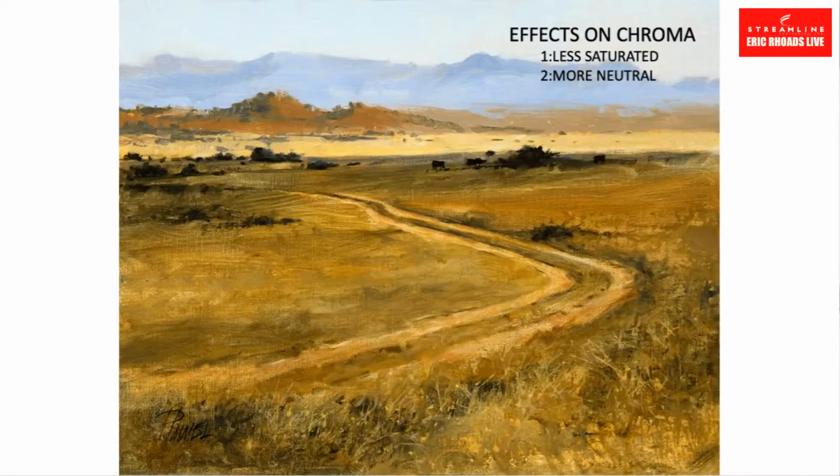Okay, next. One that I personally have struggled with sometimes is the effect of atmosphere on chroma or saturation. There's a considerable decrease in the saturation of a color as it moves back. These are three moving targets: value, temperature, and chroma, and they're all decreasing as the distance from you increases.